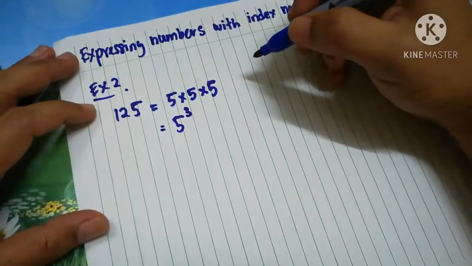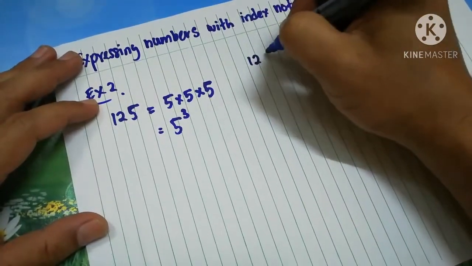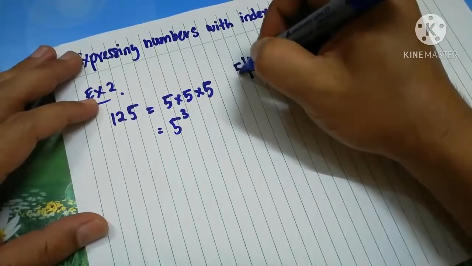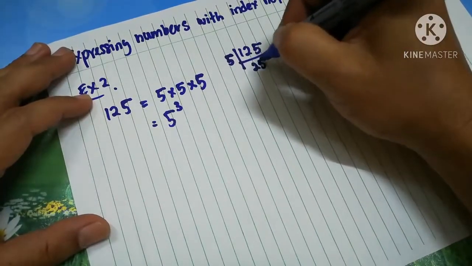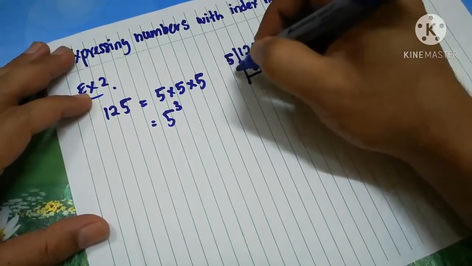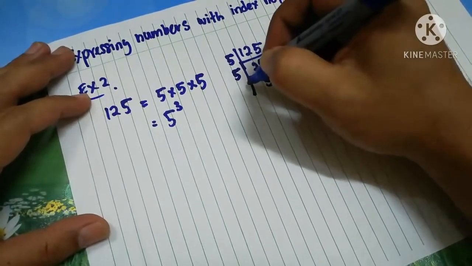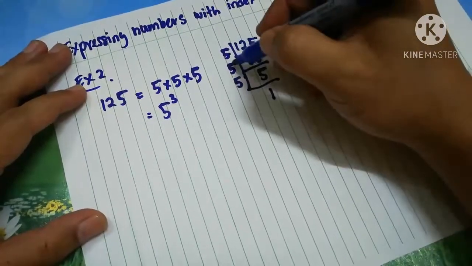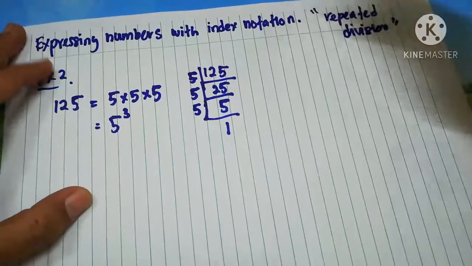Okay, by using repeated division, 125 divide by 5 is 25, 5, 5. So 5 ada 3 kat sini. Okay.